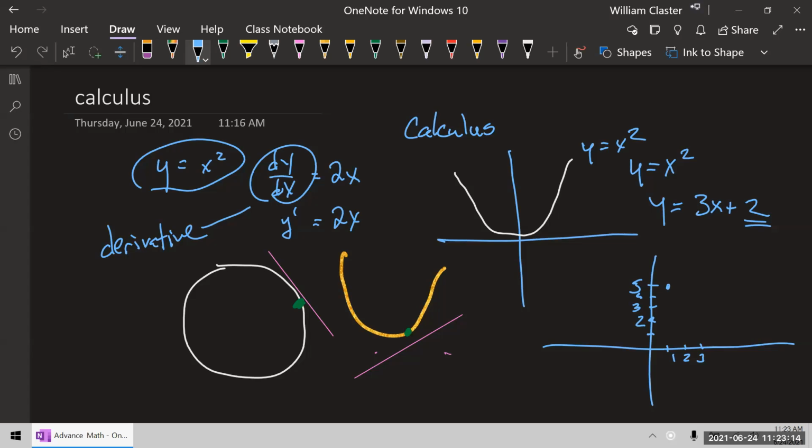And we're going to have a line for the graph of y equals 3x plus 2 that is something like this. Well, it didn't fit very well, but you know what I'm talking about, right? So that's the line for this.